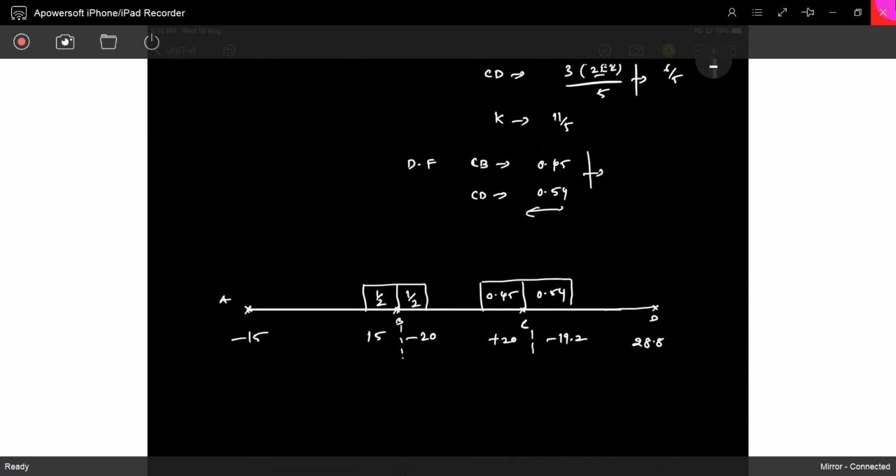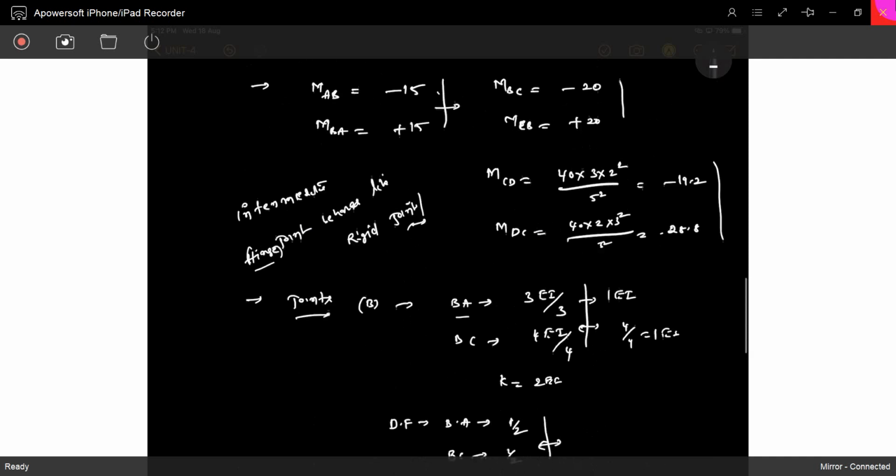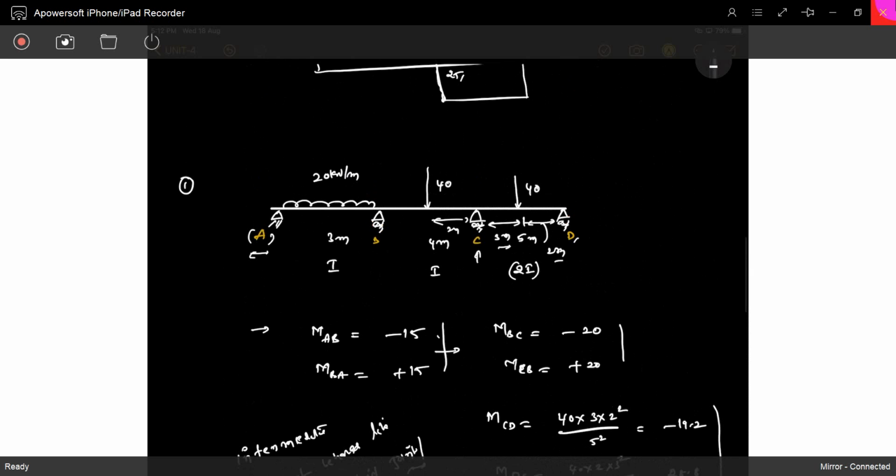How can you distribute? Very simple, an easy way to understand. Just observe it. You can easily distribute it. First you have to consider one thing. A is a hinge joint.